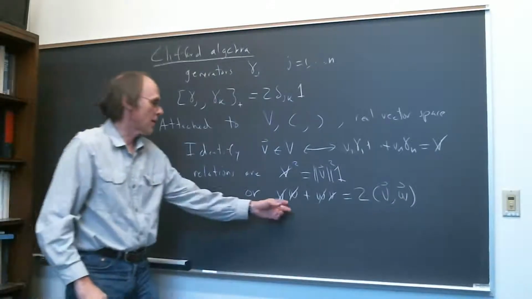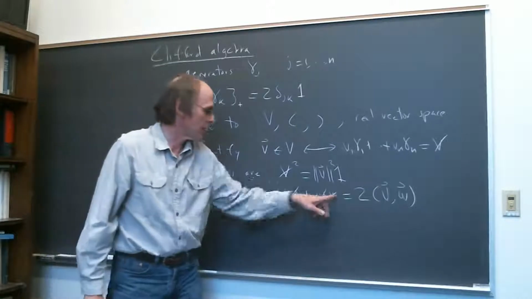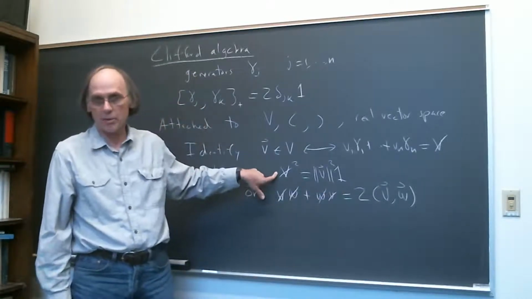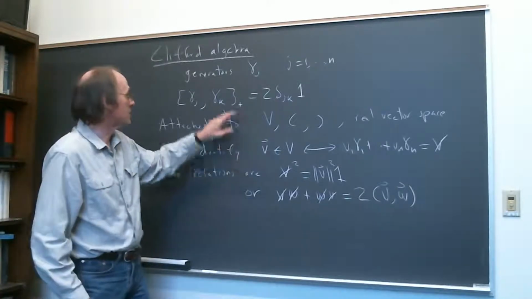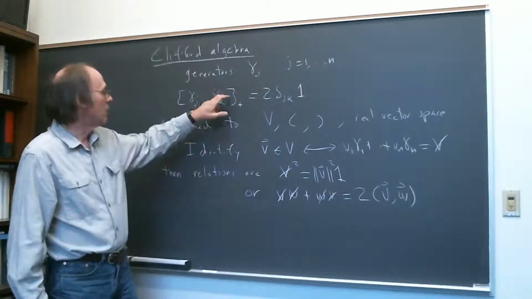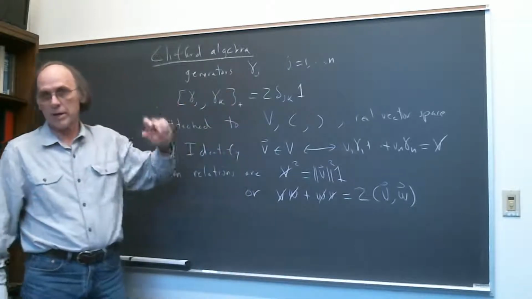So multiplying these guys knows about inner products, but all of this really comes down to this simple relation, which is just this written out in terms of a basis.